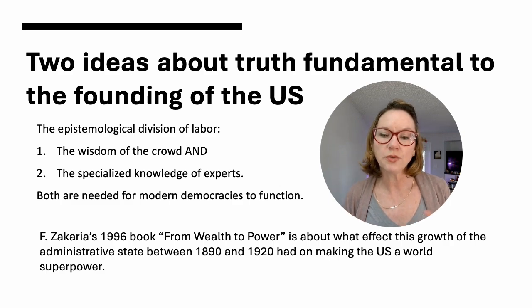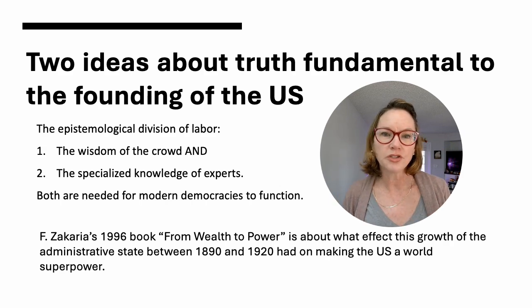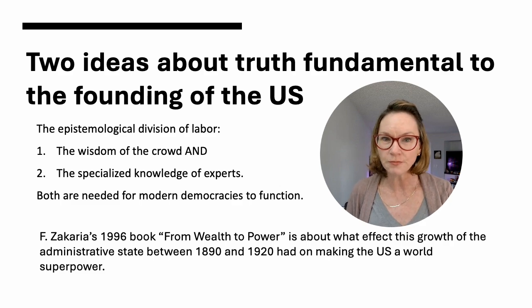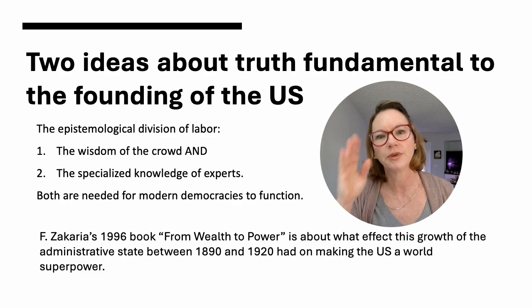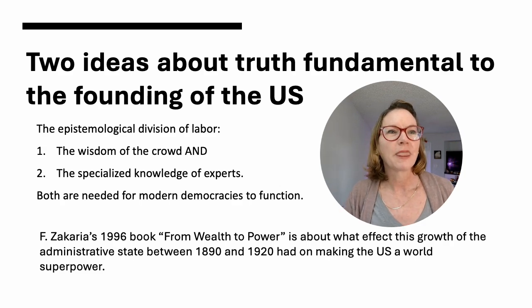So these are the two ideas about truth that are fundamental to the founding of the US. Don't get those confused with the two historical points that she was making earlier on in the chapter. Those are important. Those two points were that all interpretation of knowledge and facts is contextual, located in a particular time and place, right?